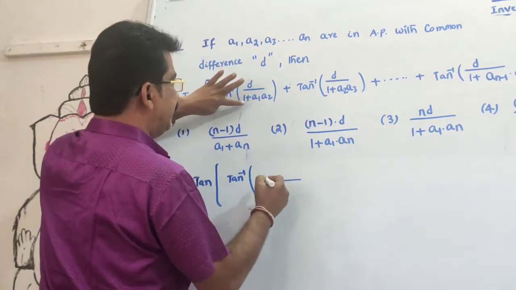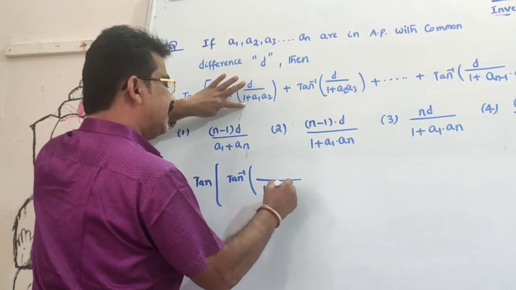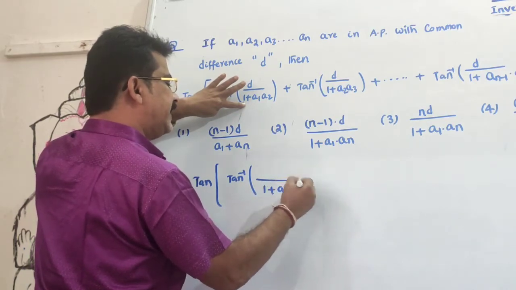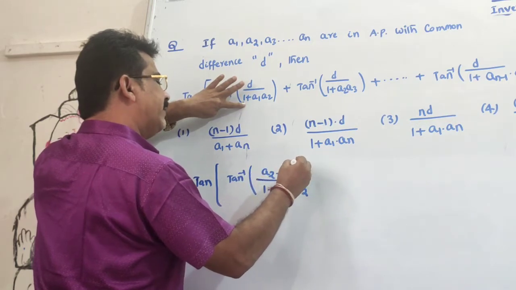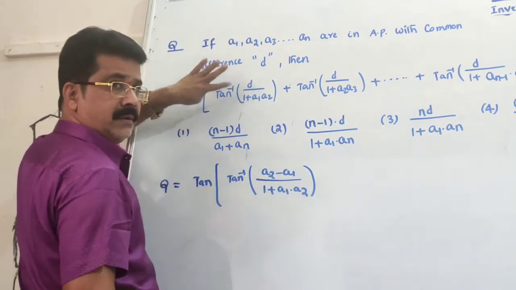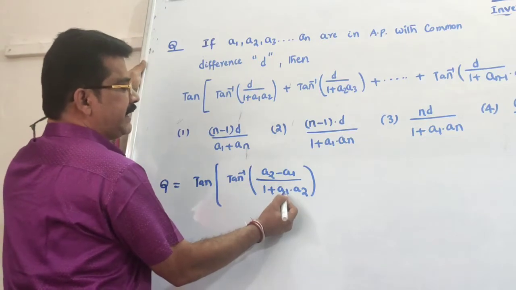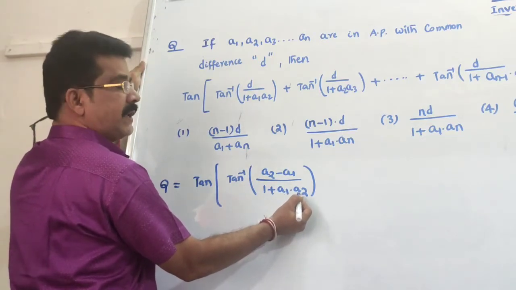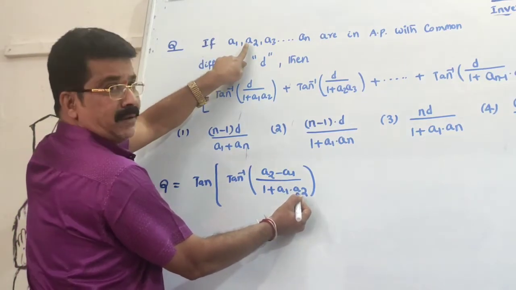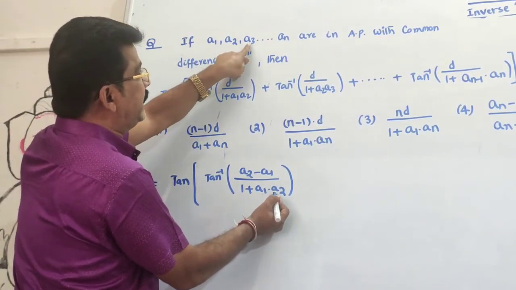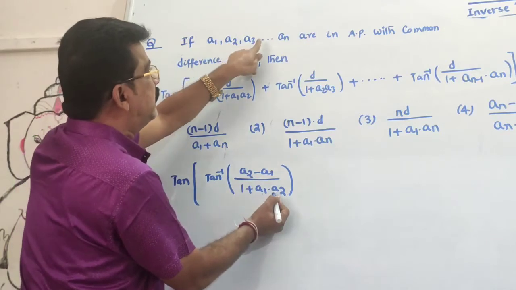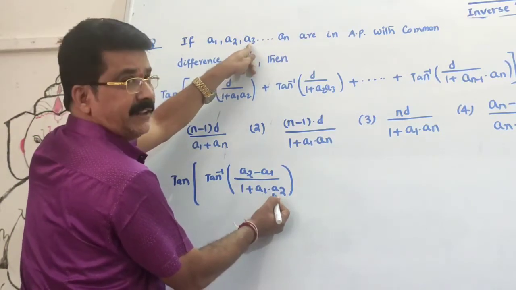Common difference. For our convenience, I am taking the common difference like that, A2 minus A1 in this term, because it contains A1, A2. That's why we can write the common difference A2 minus A1, A3 minus A2, A4 minus A3, just like that.